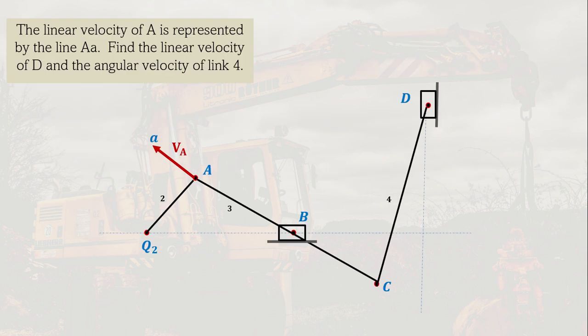Say for example, we have the same problem as before. As you can see, this is the same problem as method number 1. We're given the linear velocity of A, which is represented by this one again, and we want to get the velocity of D. So the same problem, but we will use a different method. So for the instantaneous axis method, we're going to get the centros first.